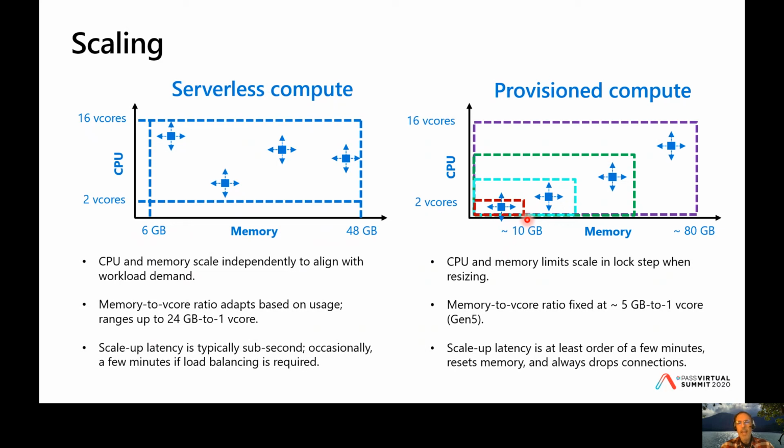So you can think of provisioned compute as providing the database pristine performance dial tone. But on the other hand, that means that when the database isn't using either 2 cores or 10 gigs, those resources are still being charged. And then it could be the case, of course, that later in this database's life cycle, it needs more than 2 cores and needs to be scaled up.